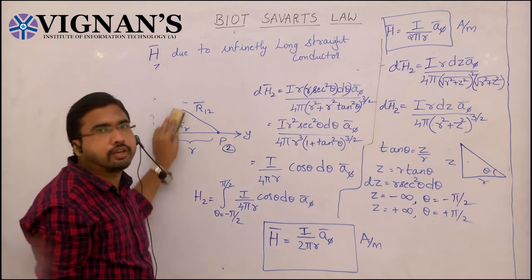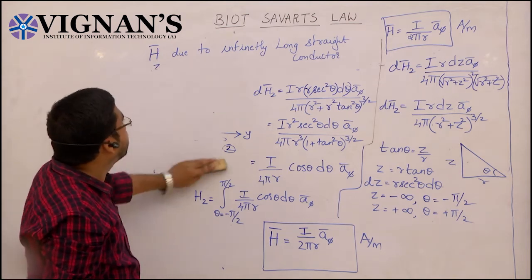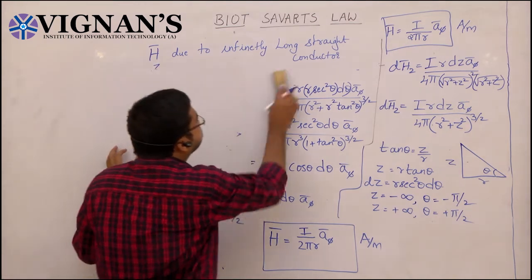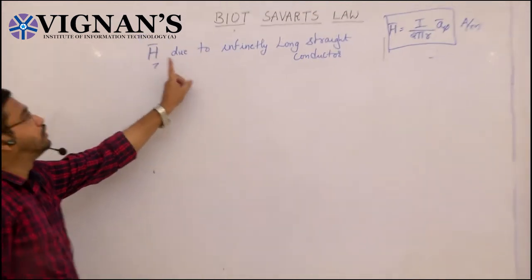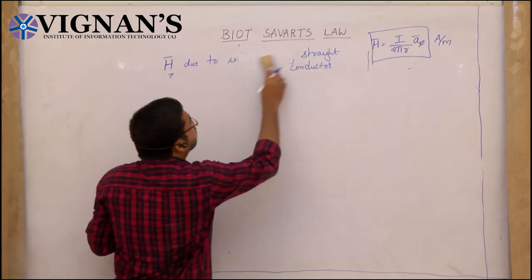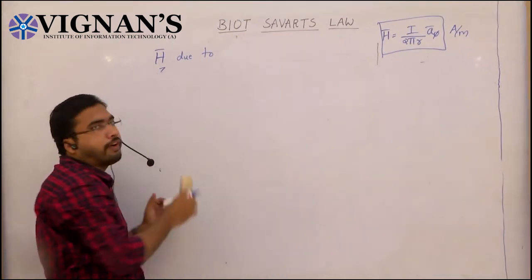This is the first application of Biot-Savart's law. The second application is, we need to find the magnetic field intensity H due to a straight conductor of some finite length.